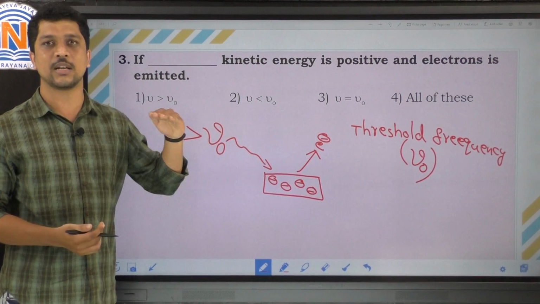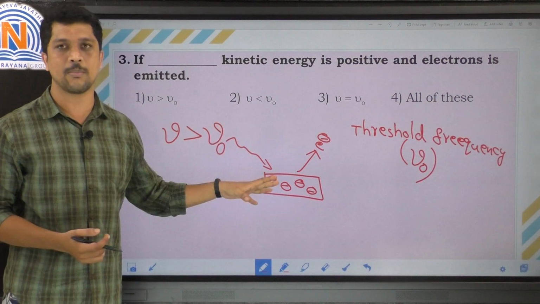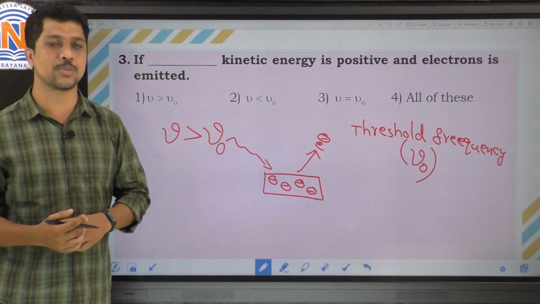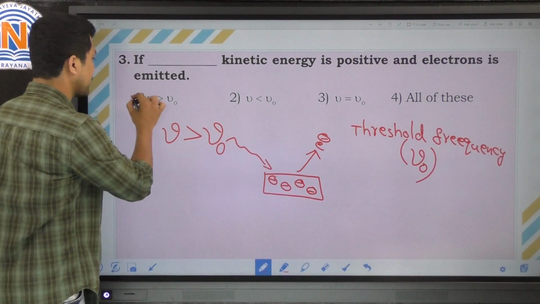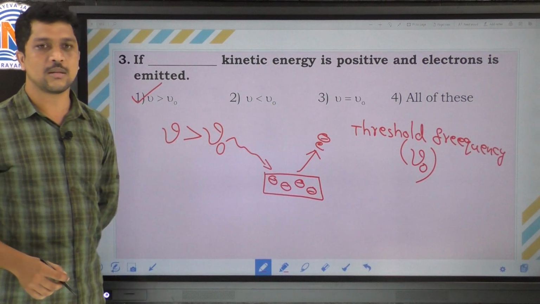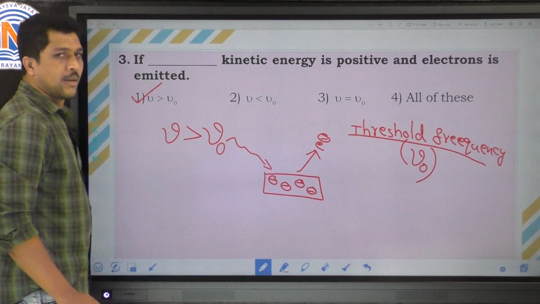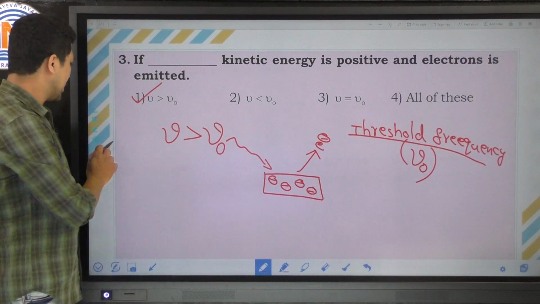If the beam of light frequency increases, more electrons will be ejected from the surface of the metal. So the correct option is the first option: nu greater than nu 0, where nu 0 is the threshold frequency. Let's move on to the next question.